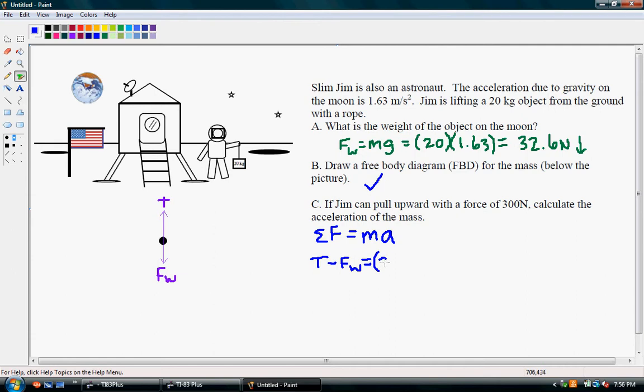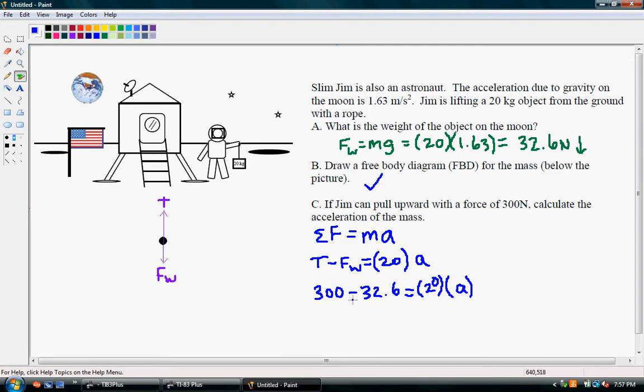And then our mass is 20 kilograms, and we're trying to solve for our acceleration. We know that the tension, the force that Jim can pull upward, is 300 newtons, and the force of weight is 32.6 newtons. And that the mass is 20, and we're trying to calculate our acceleration still.